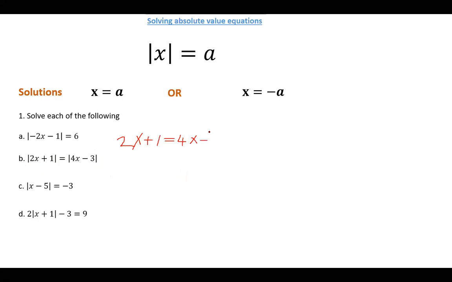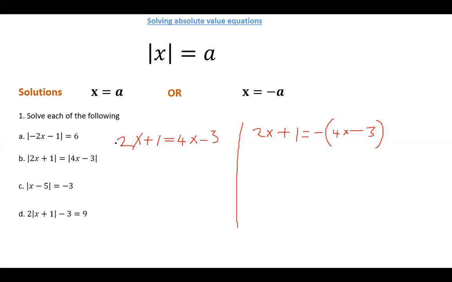Then this other side, you say 2x plus 1 is equal to negative, in brackets, 4x minus 3, like that. So we start with this part first.